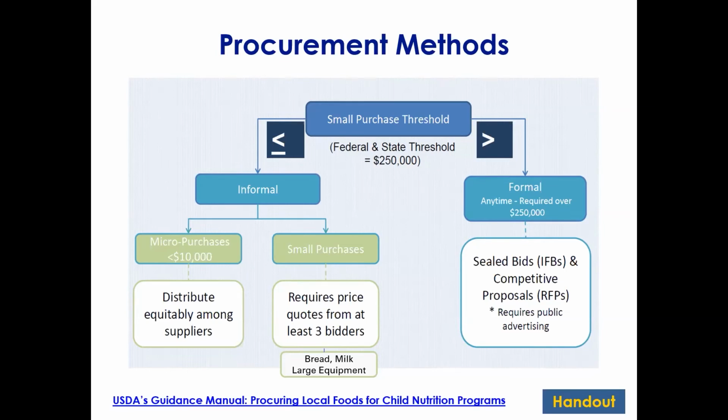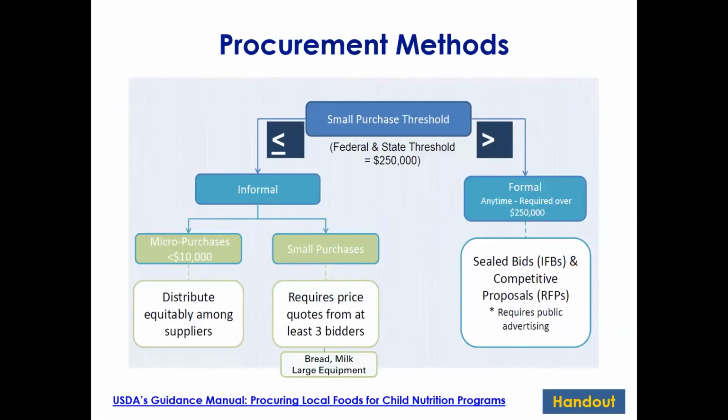And the price must be reasonable, but price comparisons are not required with micro purchasing. Small purchases, on the other hand, under $250,000, require you to obtain 3 price quotes, and you should keep your documentation of the price comparisons on file at the school, as I mentioned earlier. You may also use this method for purchases under $10,000 also, and that you compare prices for.